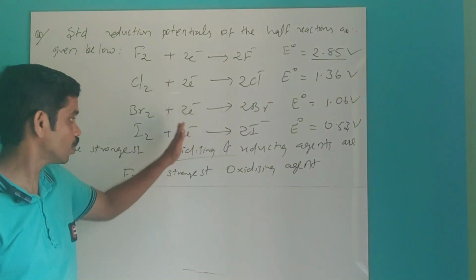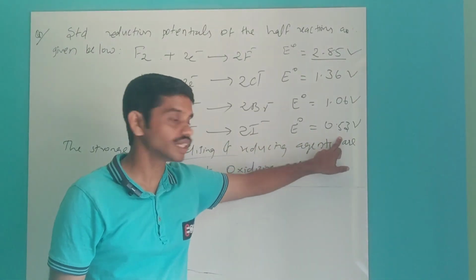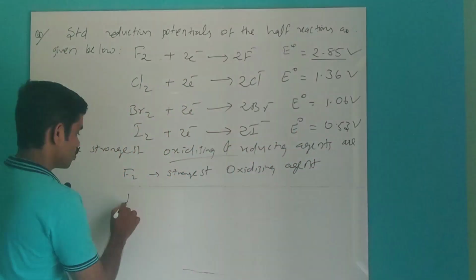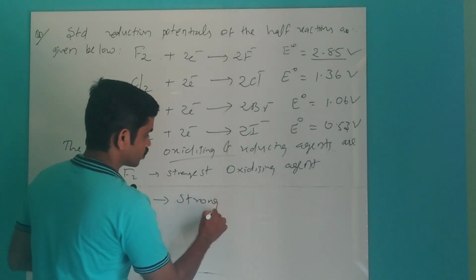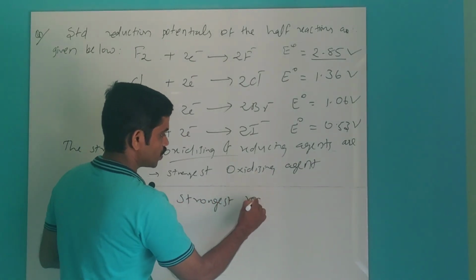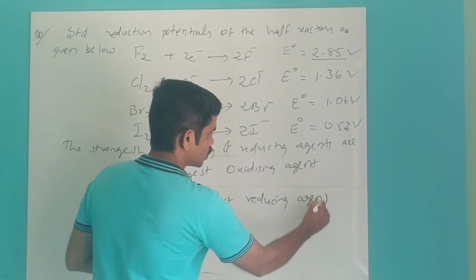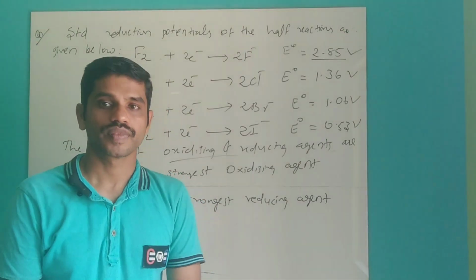From these four, I2 is the weakest oxidizing agent. That means I minus is the strongest reducing agent. So reducing agent means it will undergo oxidation, right?